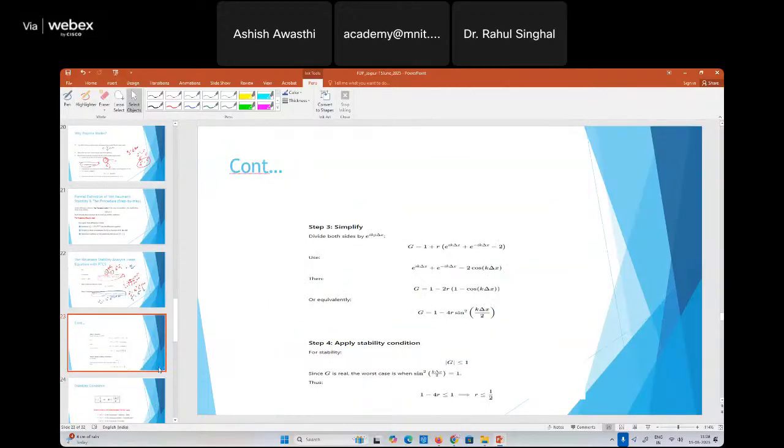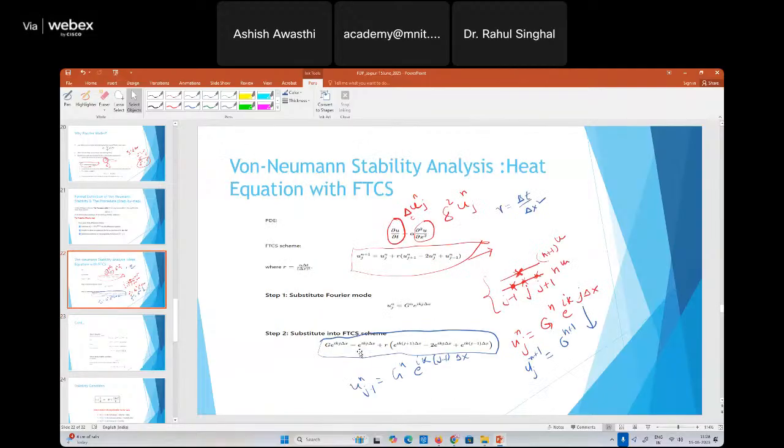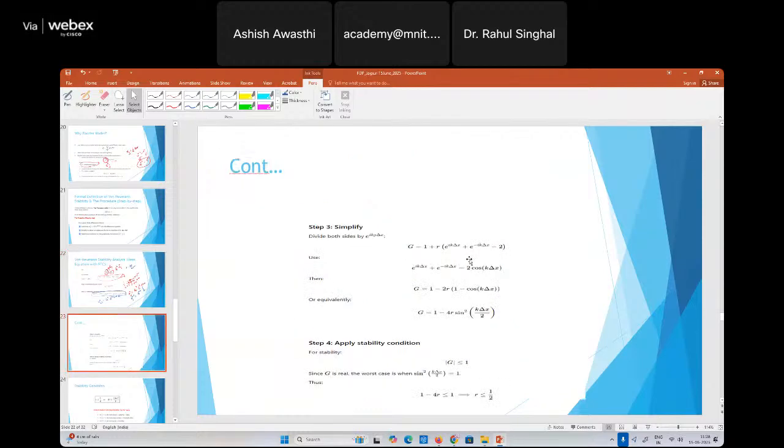Now when you look at this, remove g to the power n, and you will get it on the left. Using the Euler formula, e raised to the power i theta equals cos theta plus i sin theta, this will give you 2 cos k delta x.